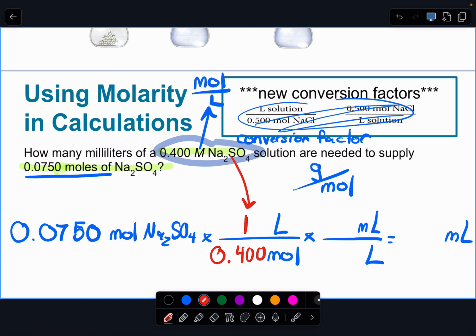Okay, and then because we generally measure things in milliliters, we're just going to go ahead and convert to milliliters using the metric. So you can write it like this, or you can write it like this, which always baffles me why people would think that's easier, but that's what your textbook tells you, so I always want to remind you that that's okay too.